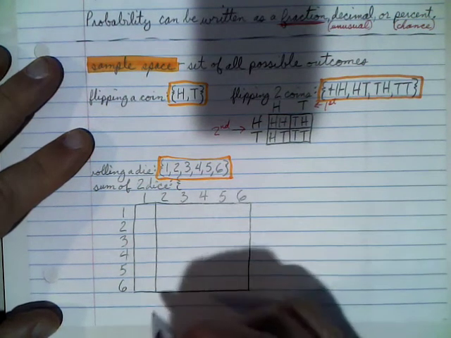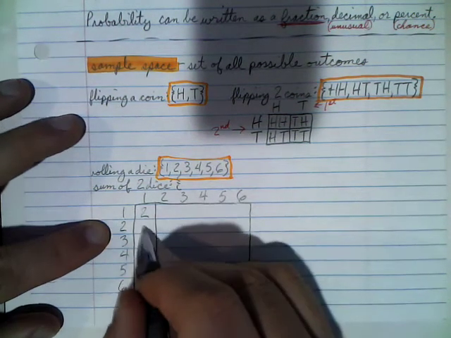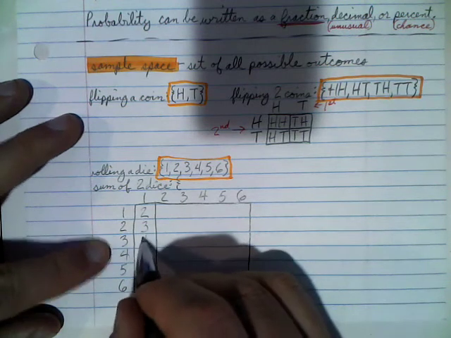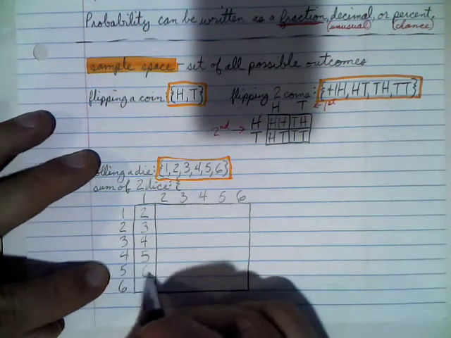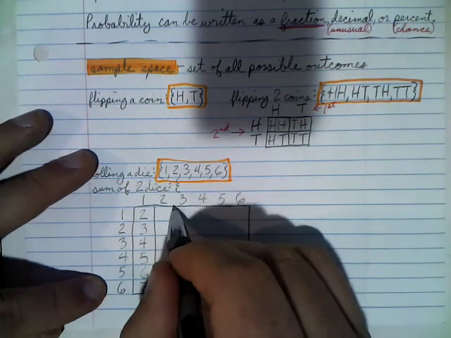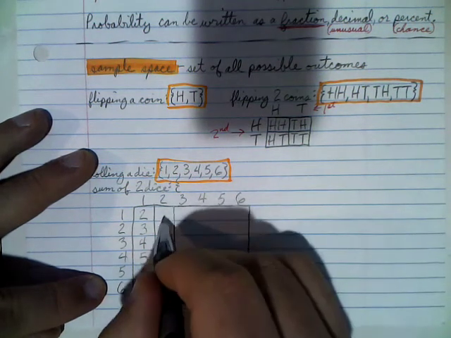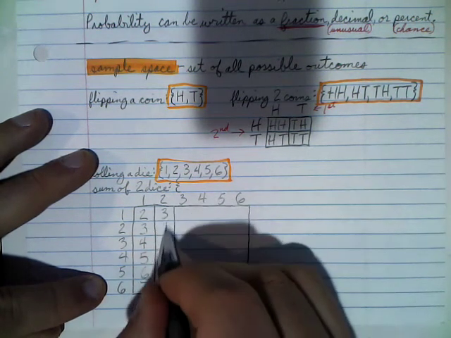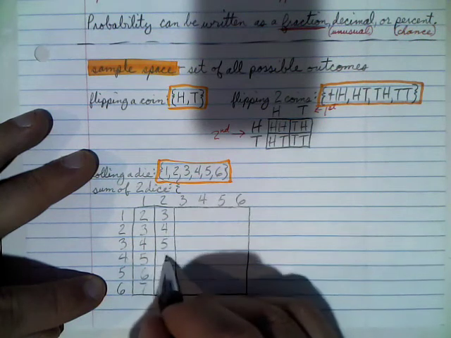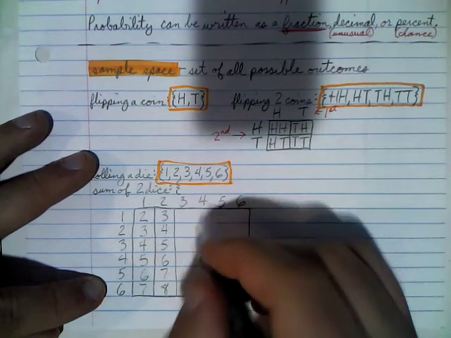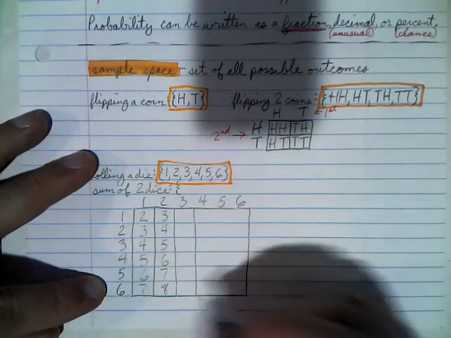So if I come down and complete these real quick, 1 plus 1 is 2, 1 plus 2 is 3, 1 plus 3 is 4, 1 plus 4 is 5, 1 plus 5 is 6, 1 plus 6 is 7. Come down here, 2 plus 1 is 3, 2 plus 2 is 4, 2 plus 3 is 5, 6, 7, 8. I think you guys know how to add those. We'll go a little faster here.